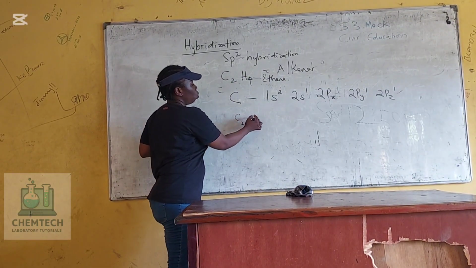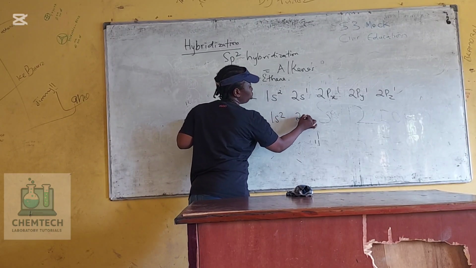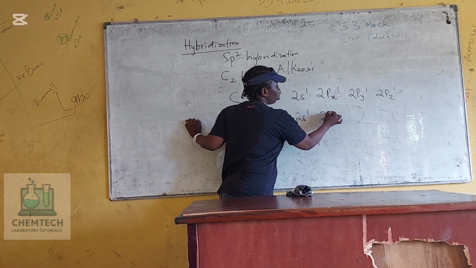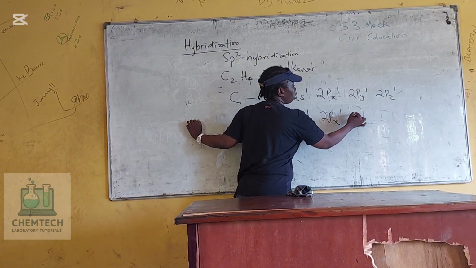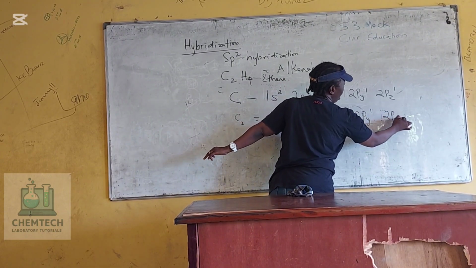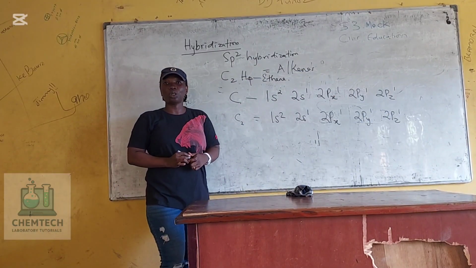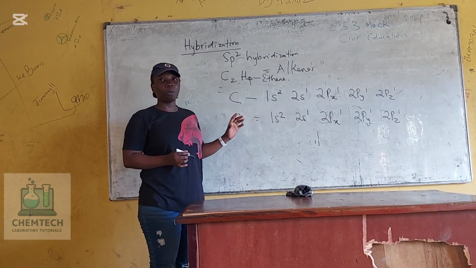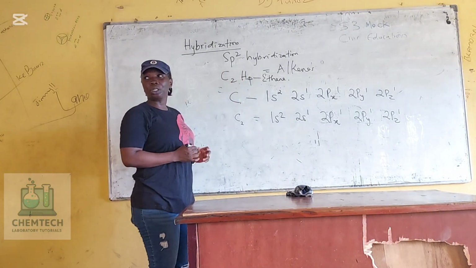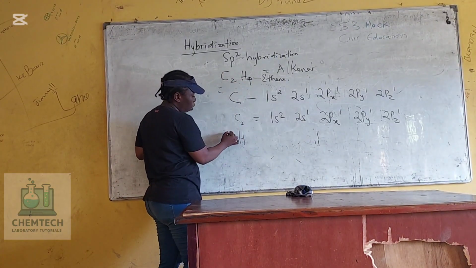Then the second carbon, carbon 2, will be 1s2, 2s1, 2px1, 2py1, and 2pz1. So this is the hybridized configuration of carbon. Now, what about hydrogen? We already know that hydrogen is 4.